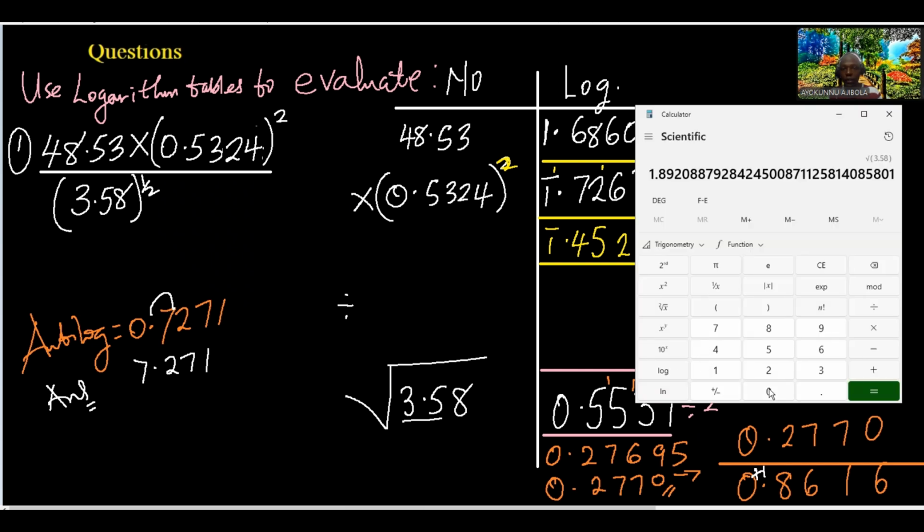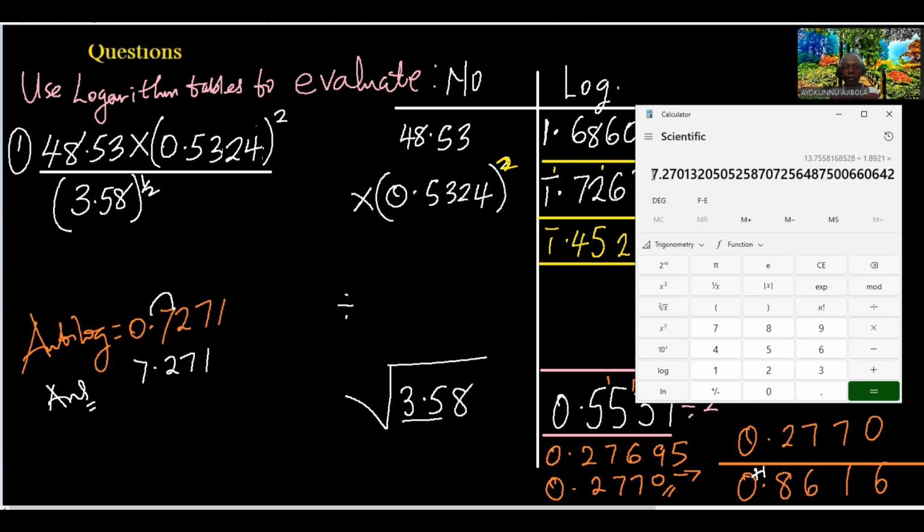The first one is 0.5324. Then I'll square it. Then I'm going to multiply it with 48.53, which gives me this. Then I'm going to divide it by the one I got before, which is 1.8921.